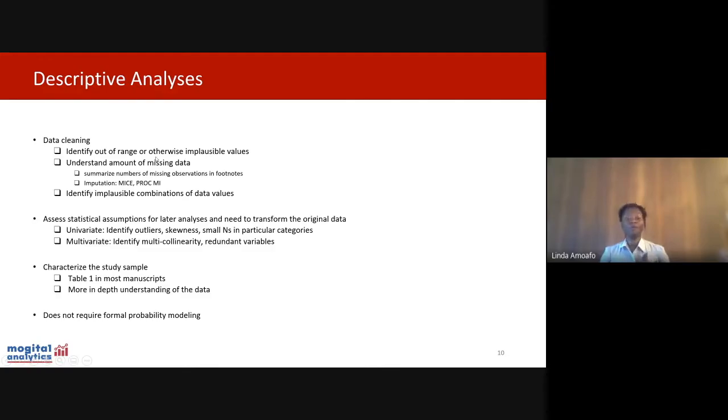Once you've summarized this and spoken to them about it, you want to know, okay, I have this missing data, what do I do with it? One thing you could do would be some imputations for your data.